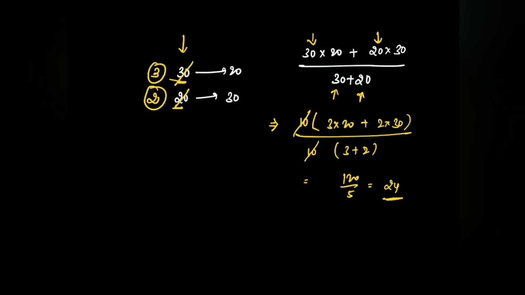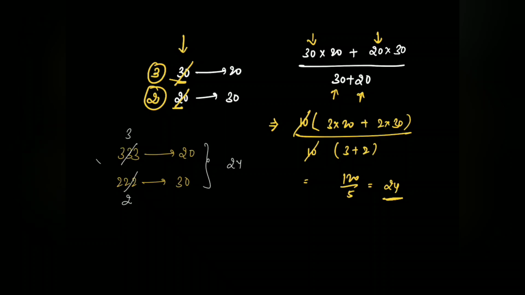Suppose I ask you the same question in this manner: there are 333 members whose average is 20 and 222 members whose average is 30. If I ask you what the combined average is, you can directly say the combined average is simply 24. How do I know that? This is in the ratio 3 to 2, same as this one. You're going to get the same 3 into 20 plus 2 into 30 by 3 plus 2, so it's going to be 24.